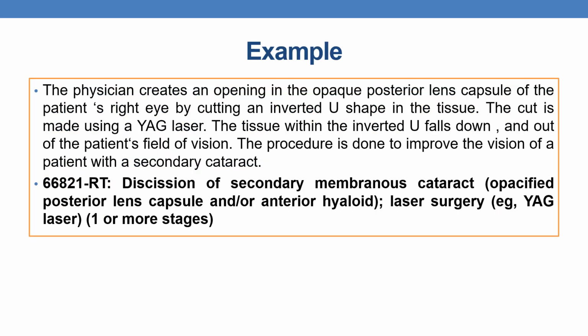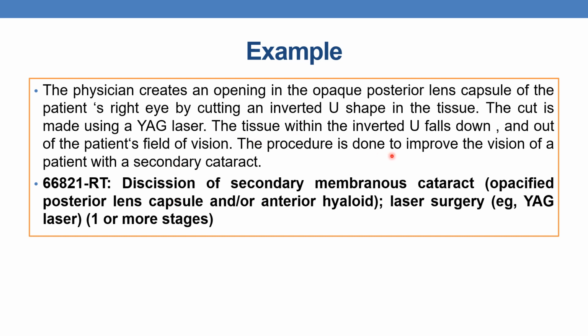Now, let us see an example here. The physician creates an opening in the opaque posterior lens capsule of the patient's right eye by cutting an inverted U shape of the tissue. The cut is made using a YAG laser. Here, YAG laser is used, and incision is done, which is nothing but discission.